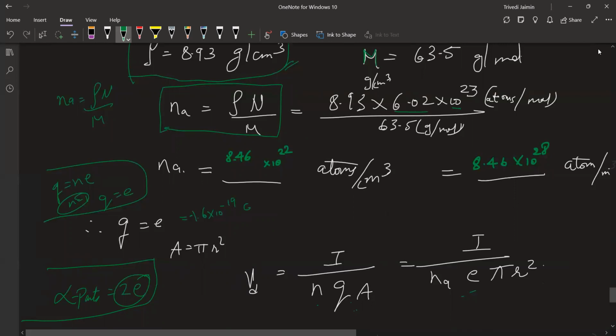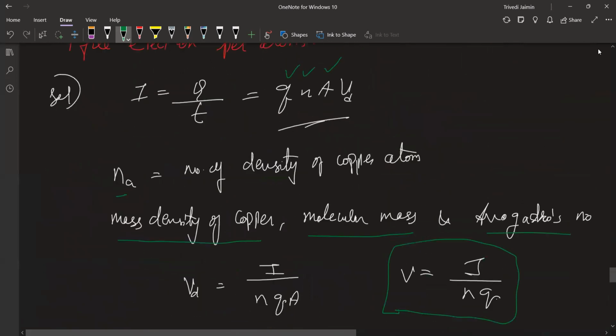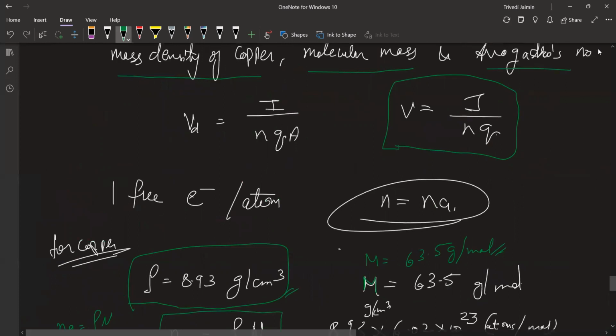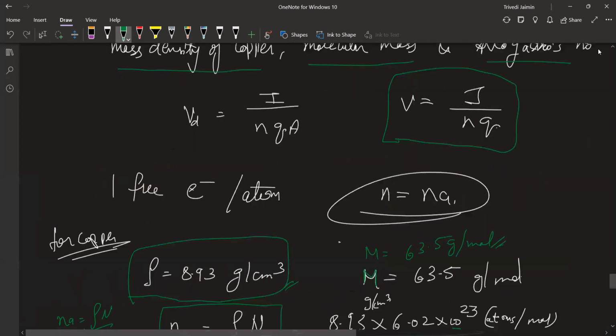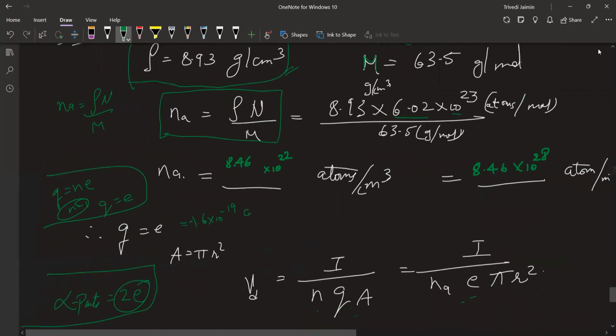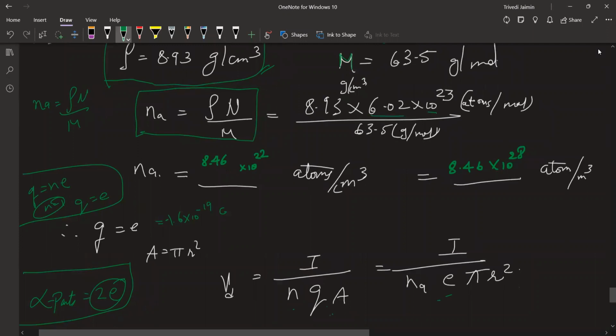Molecular mass of which atom? Copper. Density of copper atoms. With the help of this relation we are finding the Na value. Na equals n, as we already said, because it is for one atom. That means n will be the total number density of atoms. Na we are getting 8.46 approximately, whatever value you get, check yours. Atoms per meter cube.